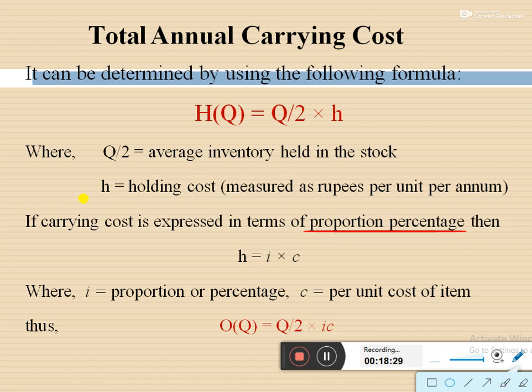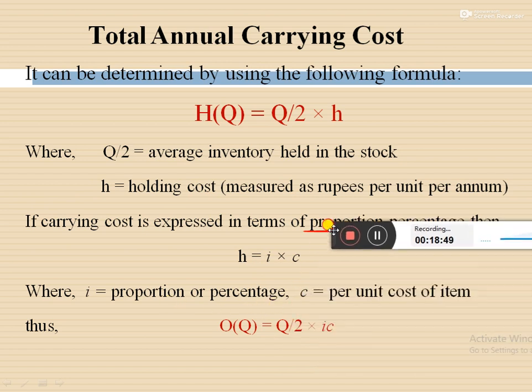So the carrying cost would be equal to 10% of 10 rupees, that is equal to 1 rupee. So in that case, H can be calculated by using this expression, that is I into C. I denotes the proportion or percentage and C denotes per unit cost of the item.